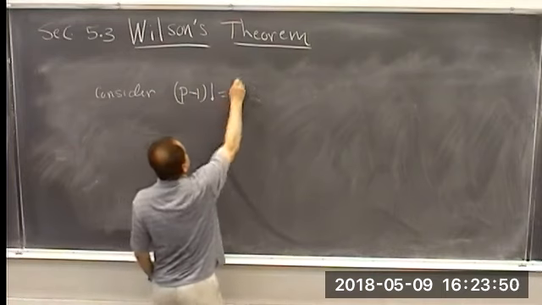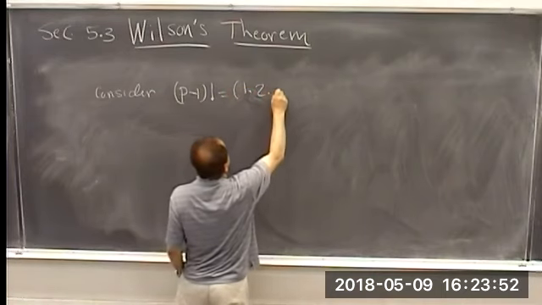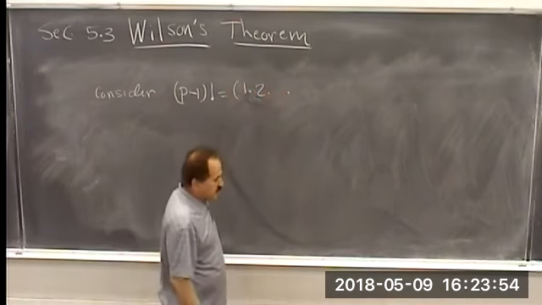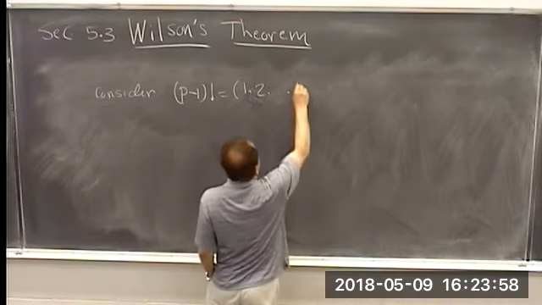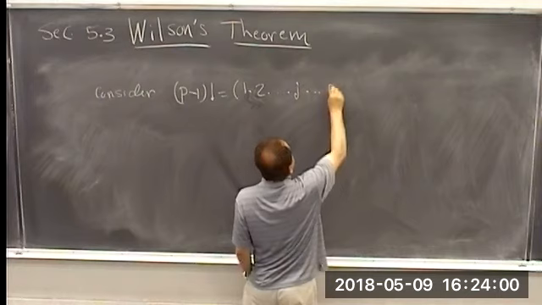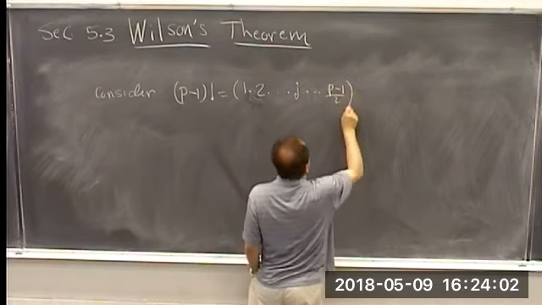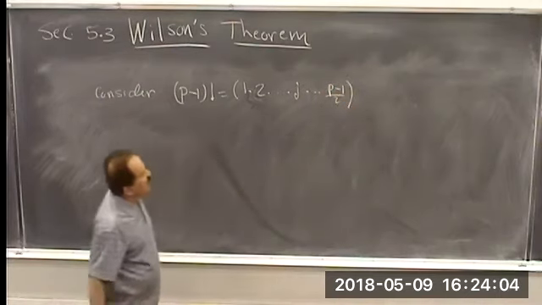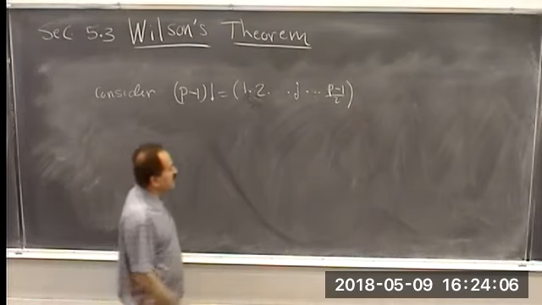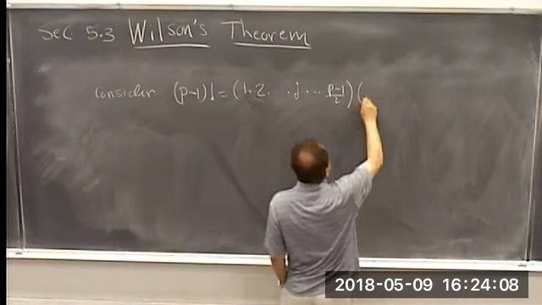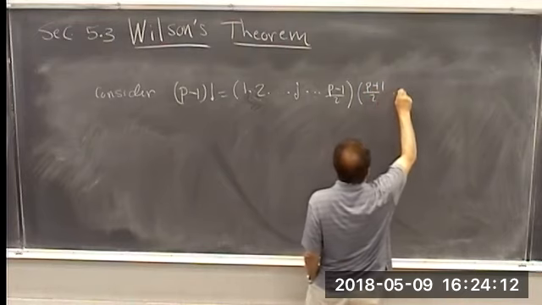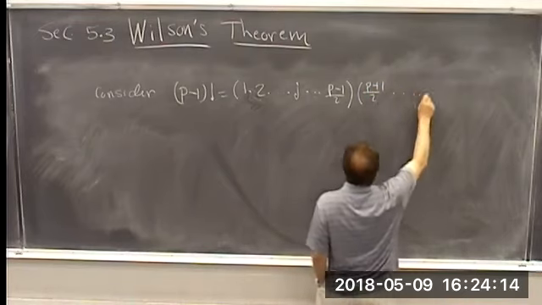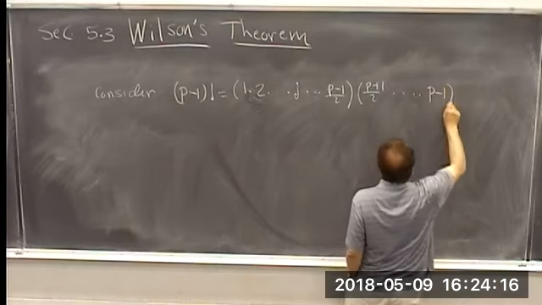So this is equal to 1, 2, up to, actually, we put a j in here, and this is (p minus 1) over 2. So this is the first group of the product, and then the next number is (p plus 1) over 2, then the next one up to p minus 1.